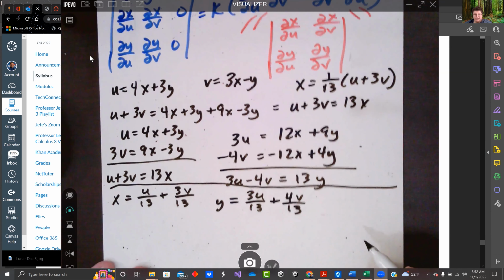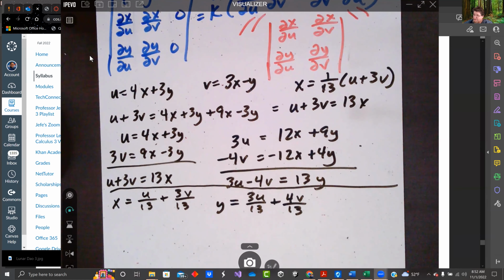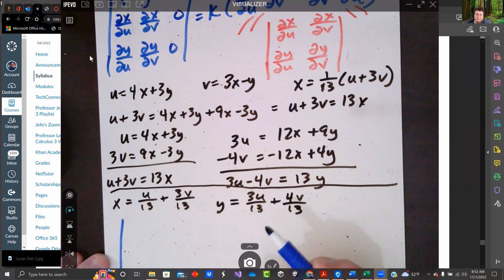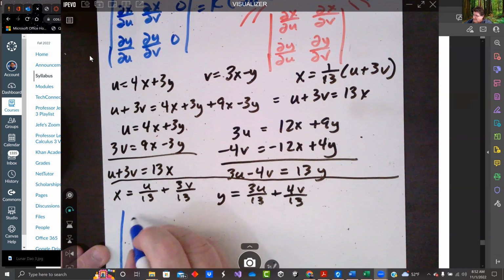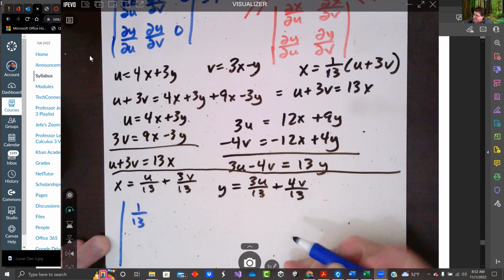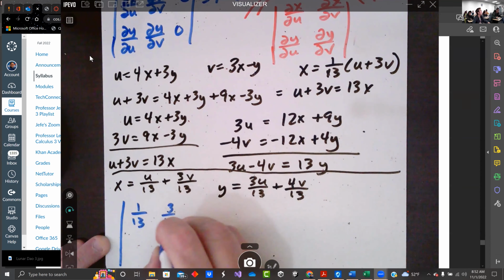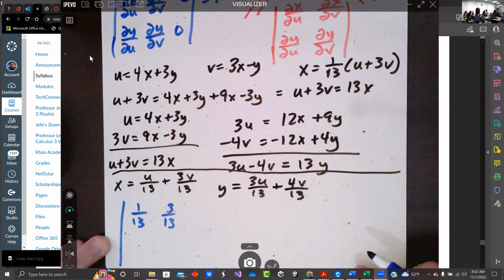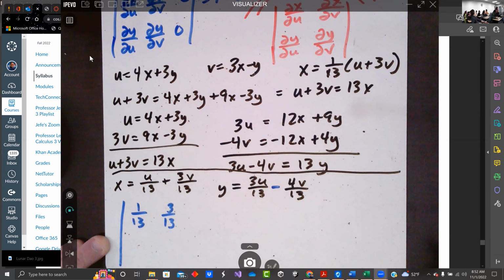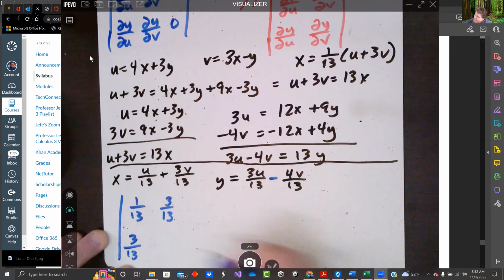But now I can get my dx du, dx dv, dy du, dy dv pretty easy. The partial derivative of x with respect to u is just 1 over 13. The partial derivative with respect to v is 3 over 13. Then I've got 3 over 13 and negative 4 over 13.